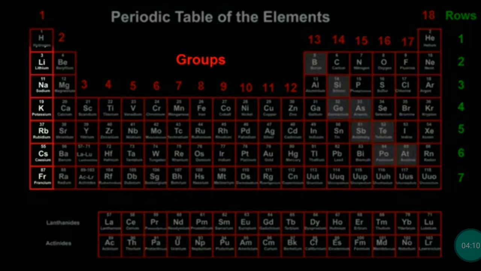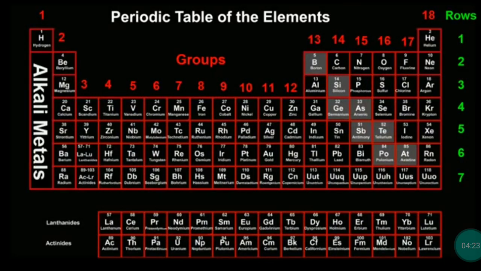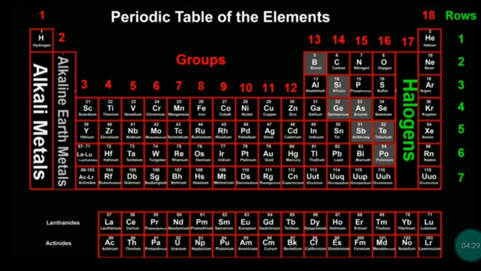For example, all elements in the first group are soft, malleable metals, which makes the group called alkali metals. Group 2 elements are alkaline earth metals. Group 17 are the halogens, while group 18 are noble gases.